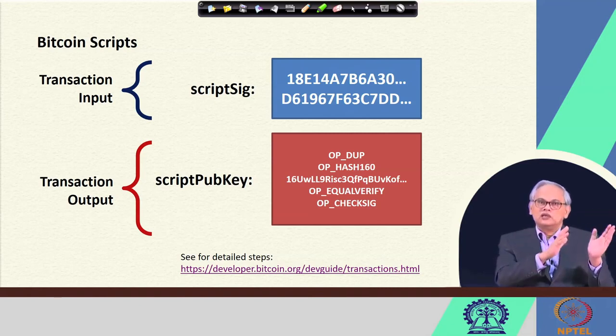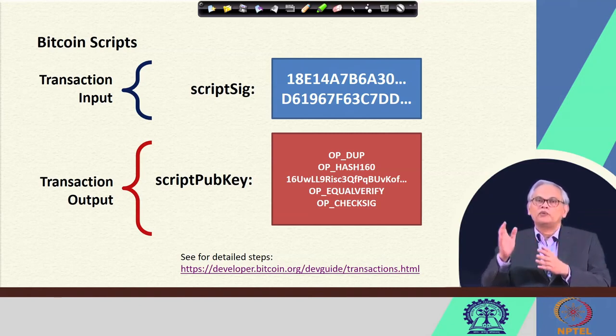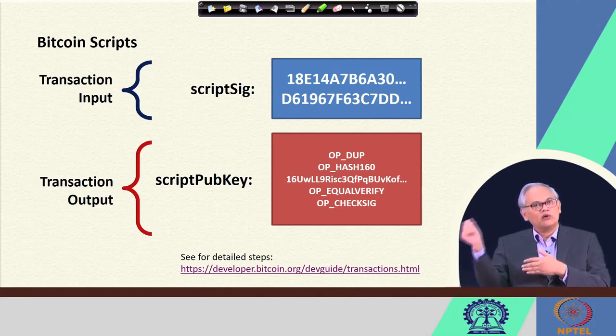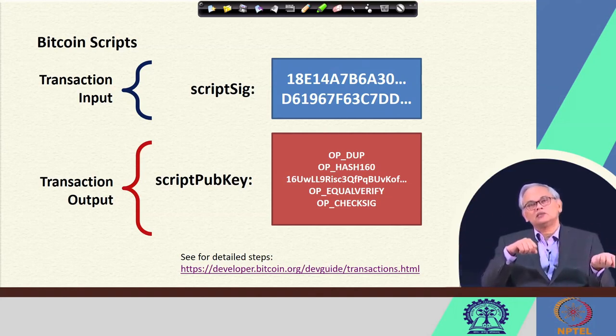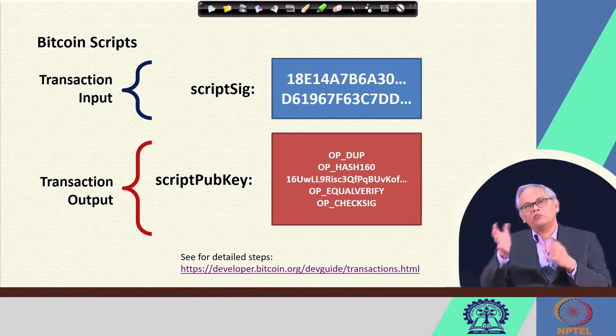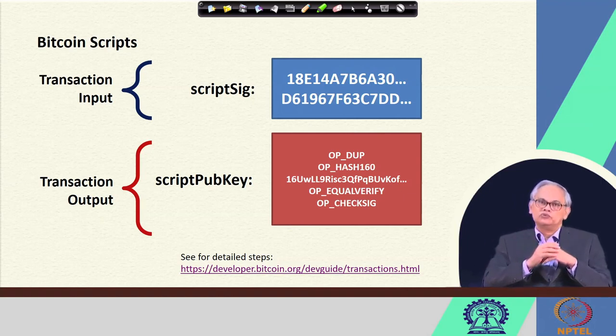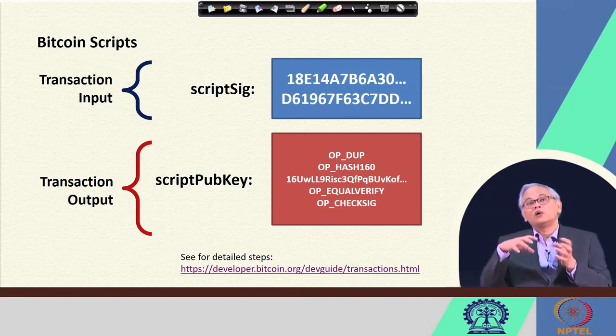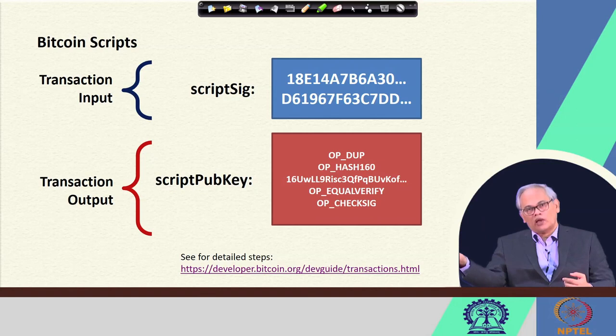Alice is sending 40 bitcoins to Bob and Bob will be sending 30 bitcoins to Carol. So, when Alice is outputting these 40 bitcoins to Bob, this script pub key would be used, and when Bob is claiming those 40 bitcoins in order to make a payment to Carol of say 30 bitcoins, that is when this transaction input is considered and when the script sig will be used.